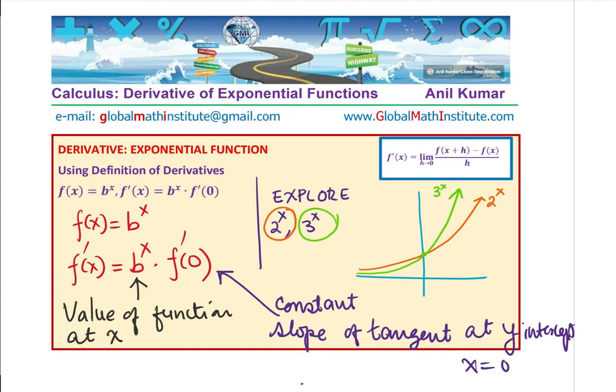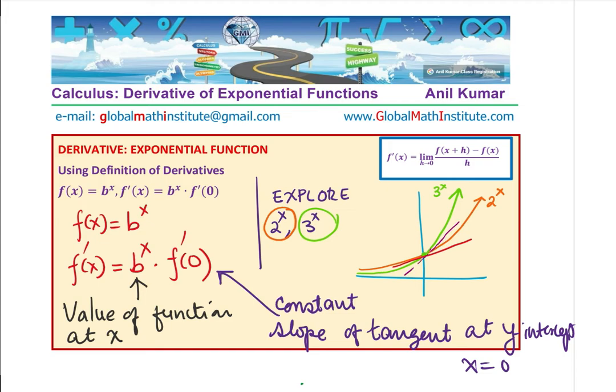Now in both cases, we know that the constant by which this is multiplied is the slope of the tangent at x equal to 0, right? So let's draw that. For 2 to the power of x, this is the slope of the tangent. So this value we should calculate. And the other value which we have is for 3 to the power of x, and which is this, right?